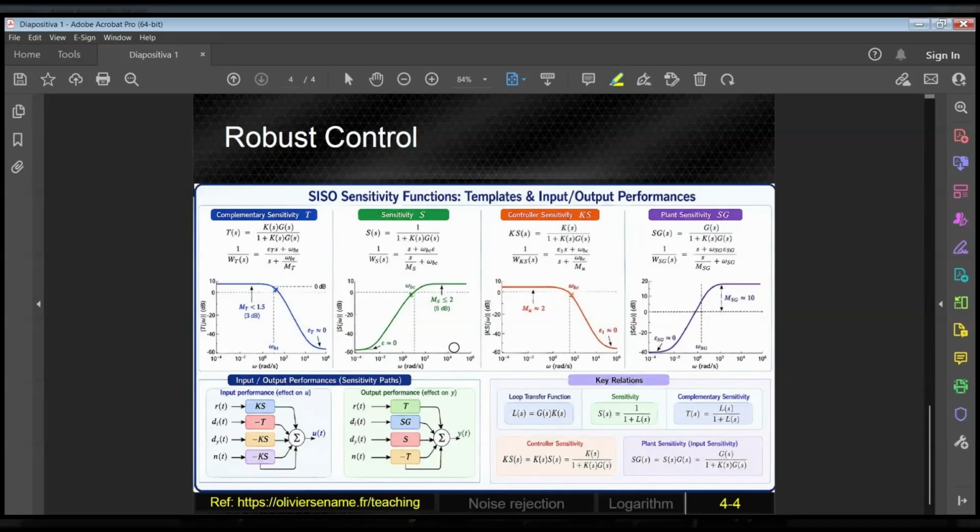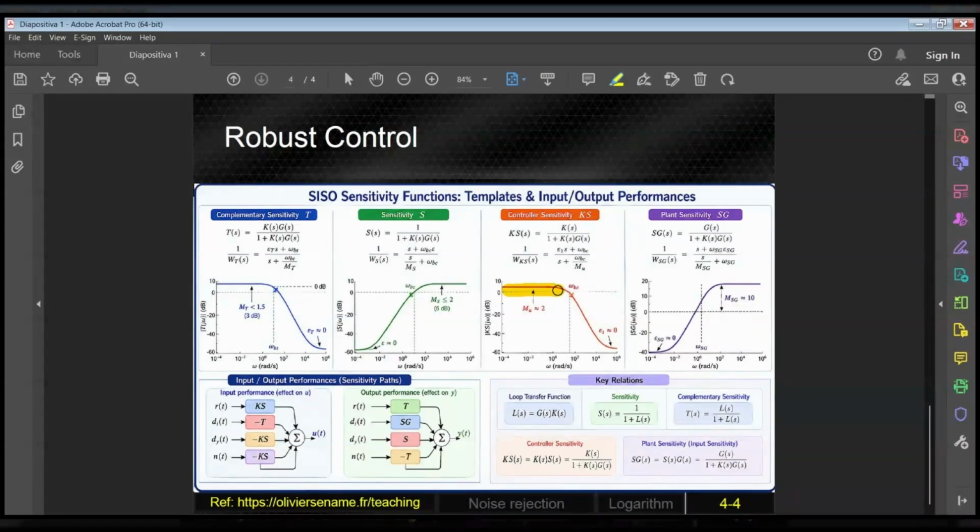Now let's discuss the controller sensitivity function KS. The controller sensitivity function directly affects the control signal U. At low frequencies, we don't want KS to be zero because the controller must generate enough action to track the reference.